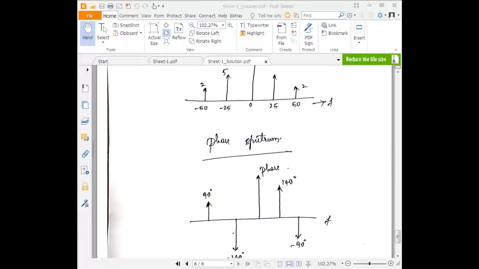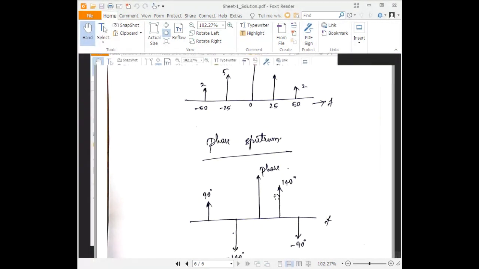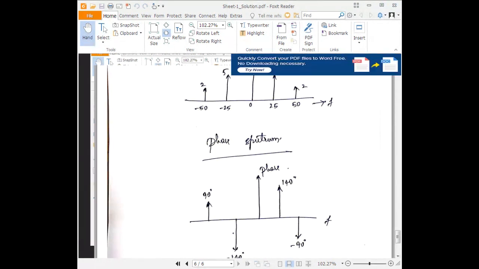Bandwidth is 50 minus 25. So 25 hertz is the bandwidth. Is it clear? This is question number 5, bit number A.